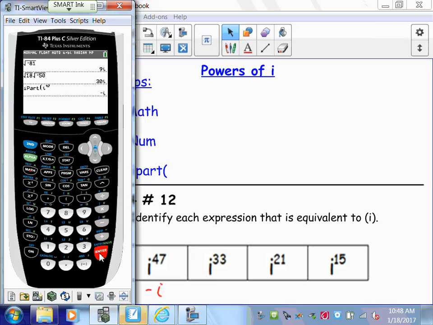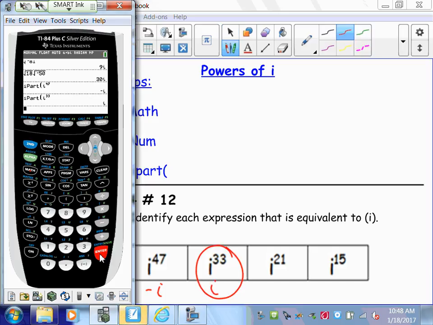If you don't want to retype all that, second enter. Use the arrow buttons to change the exponents. You're at 33. Try again with a 21.